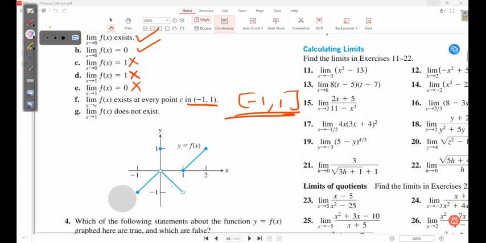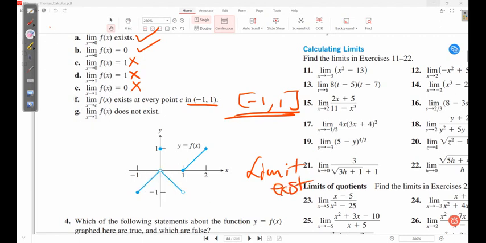So one comment that I want you guys to pay attention to is, whenever the lines are continuously joined together, wherever there is a dot somewhere, the limit exists. Okay?